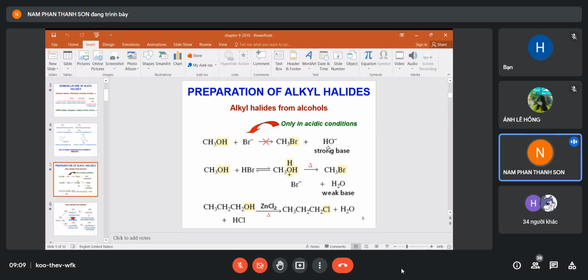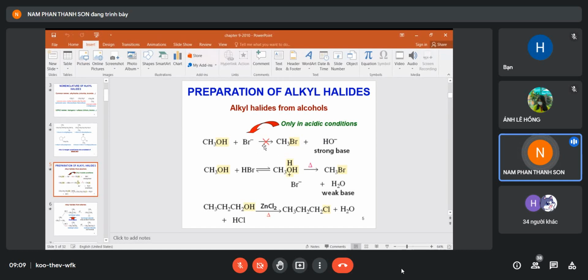We cannot go from a weaker base to a stronger base. We always have to go from a stronger base to a weaker base, always from stronger to weaker and never from weaker to stronger. So this reaction will not occur.